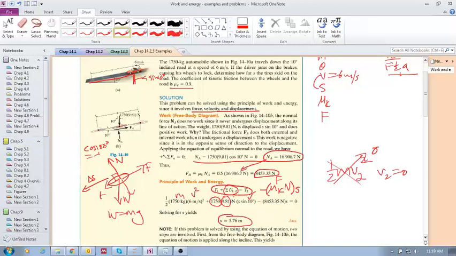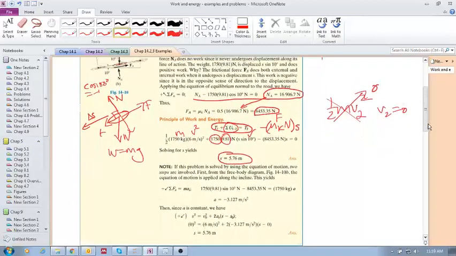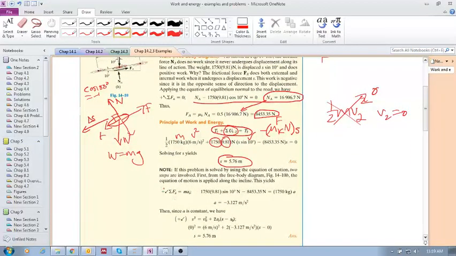Now look at this. They've just added a section in here. What if we had used chapter 13 techniques, the principle of force and acceleration? Then you would have first carried out this equation, the sum of the forces in this direction is equal to mass times acceleration in this direction.